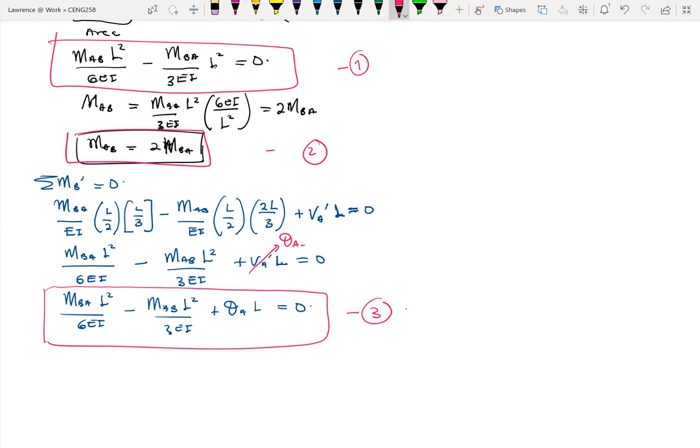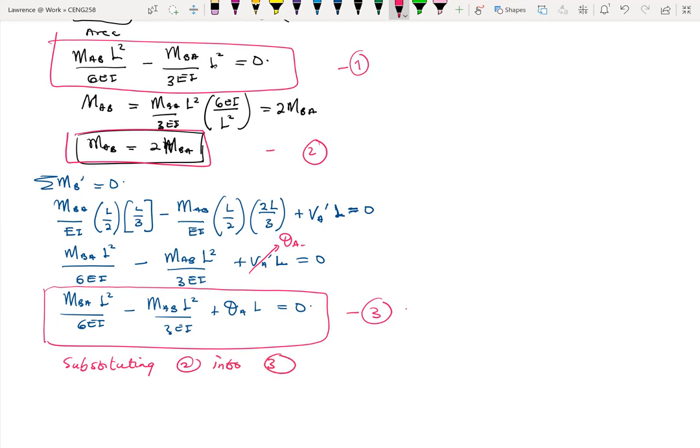Wherever we see MAB, we can put 2 MB over there. So substituting equation 2 into equation 3.